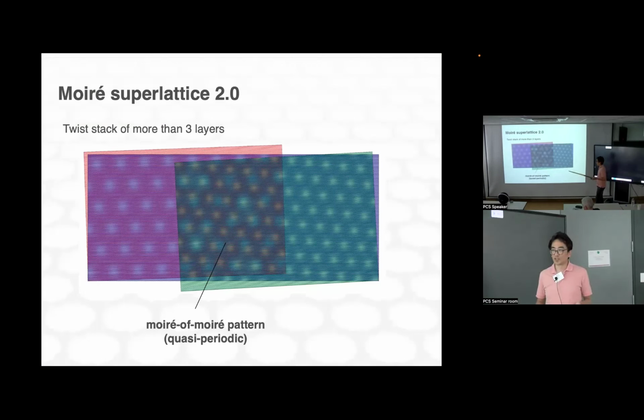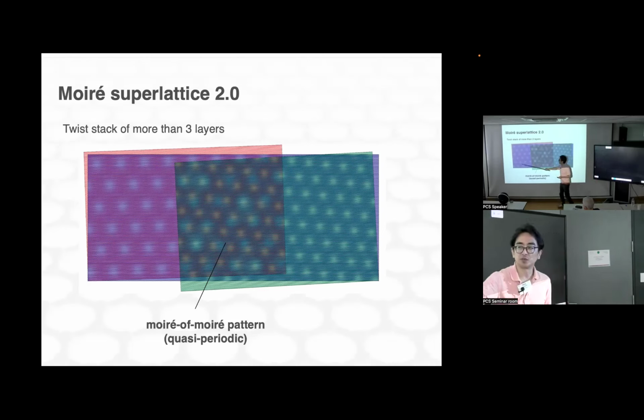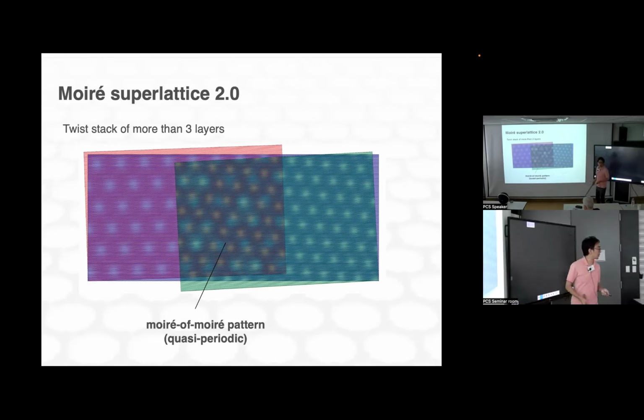If you just randomly arrange 2, 3 layers, layer 1 and 2 you have some moiré pattern, and layers 2 and 3 you have another, but they have no common period in general, of course. So if you overlap 3 layers, you have a very complicated structure from the interference of the 2 random moirés.